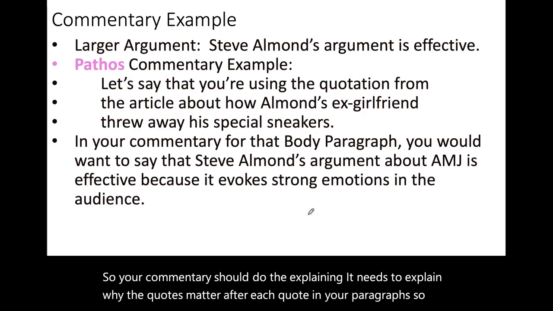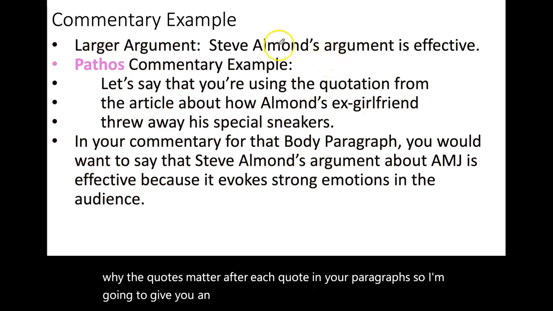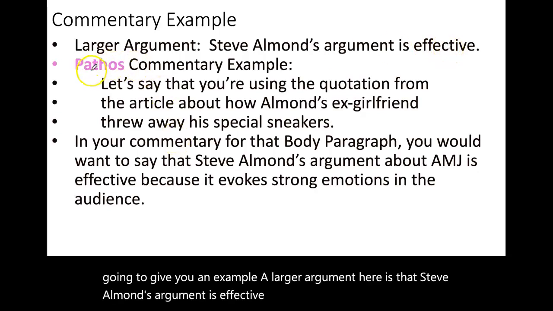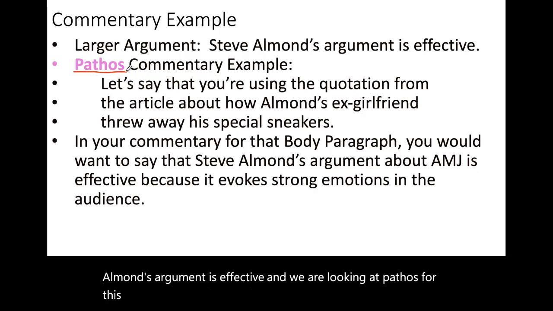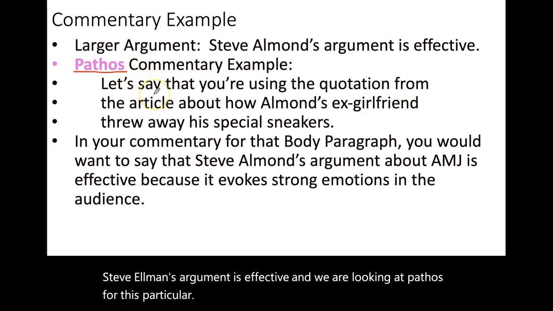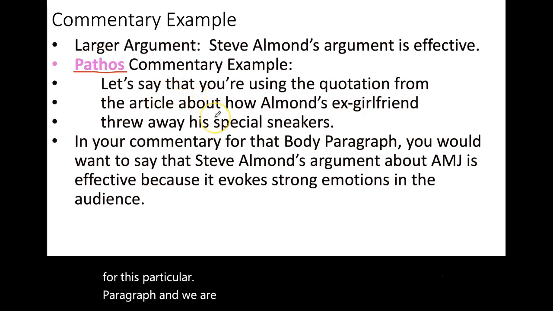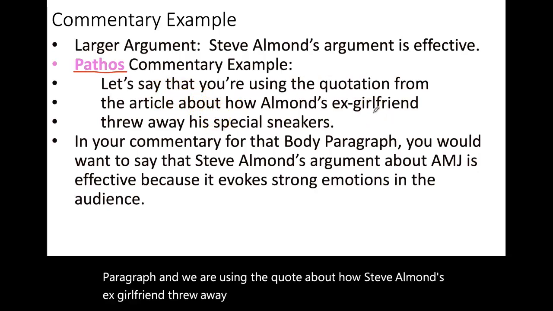So I'm going to give you an example. A larger argument here is that Steve Almond's argument is effective, and we are looking at pathos for this particular paragraph, and we are using the quote about how Steve Almond's ex-girlfriend threw away his special sneakers because they stank so bad.